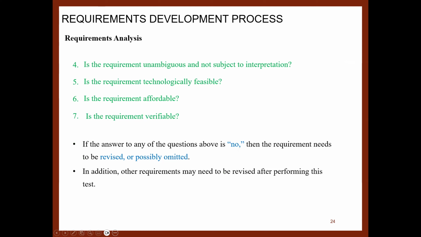If the answer to any of these questions is no, then the requirement needs to be revised and most likely omitted. In addition, other requirements may need to be revised after performing this test. So this is an iterative process. As you revise one, that might lead you to another revision for the other requirements.